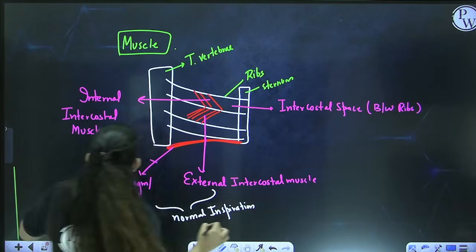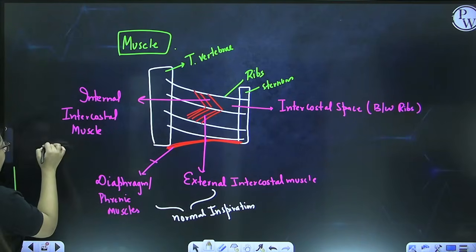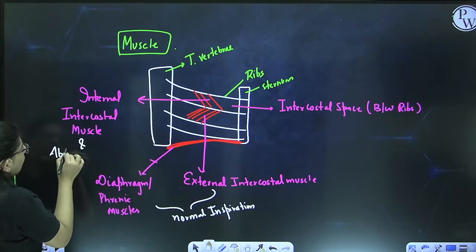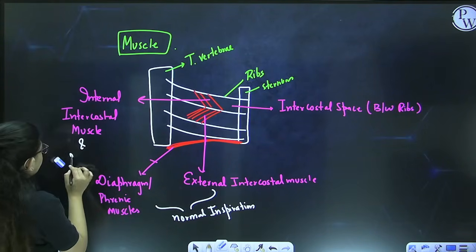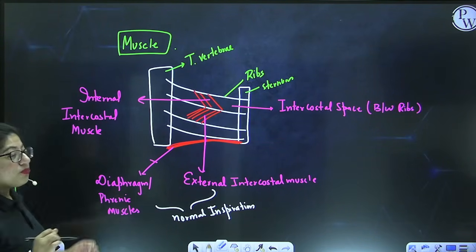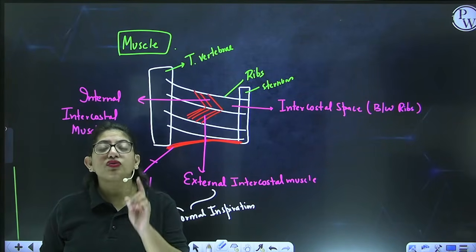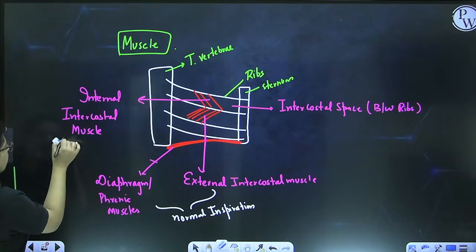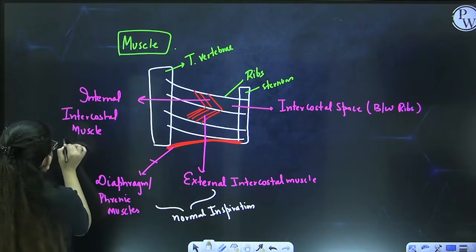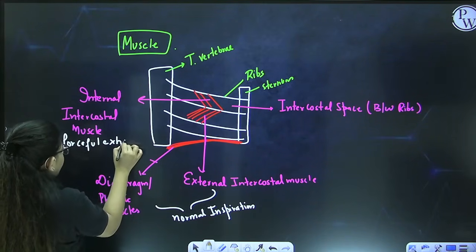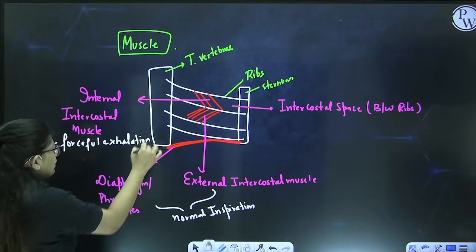Whereas your internal intercostal muscle and certain abdominal muscles are both responsible for your forceful exhalation. Ma'am, do we do forceful exhalation? Do it.